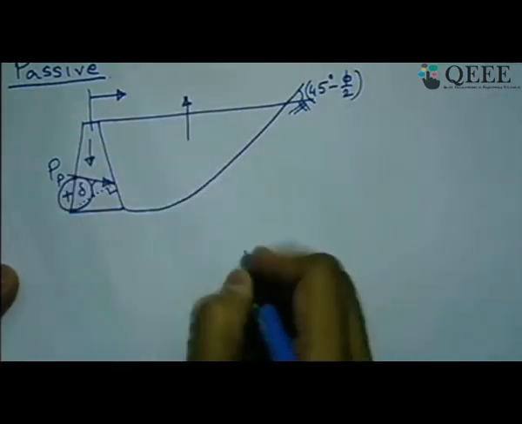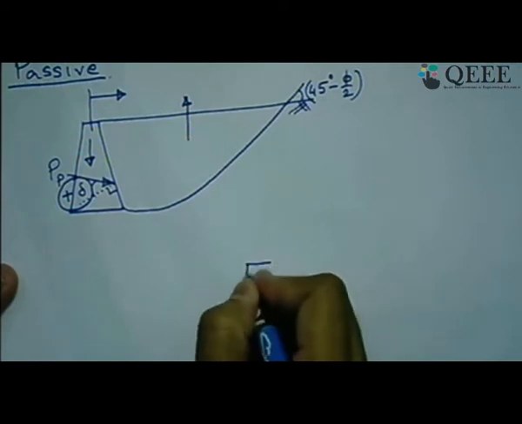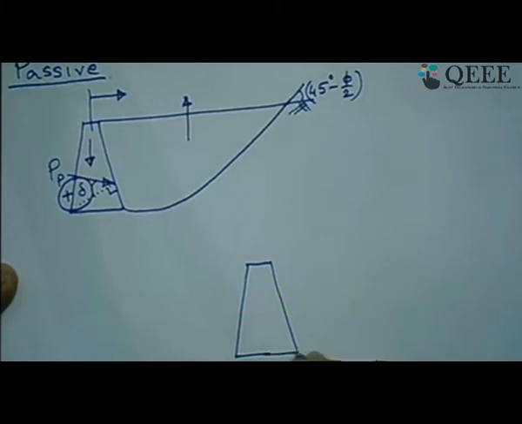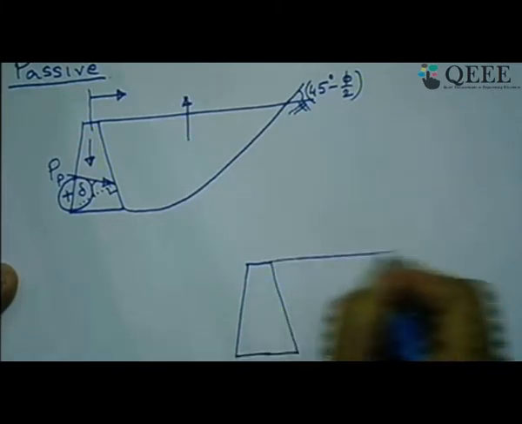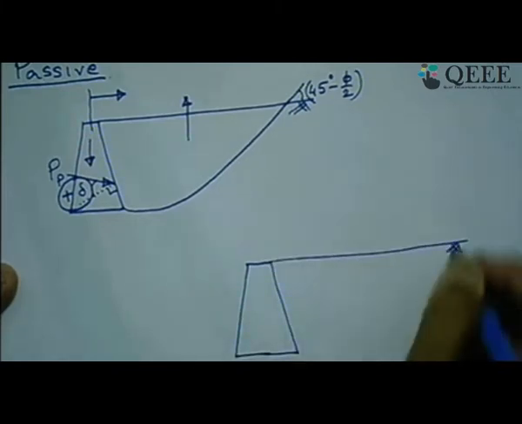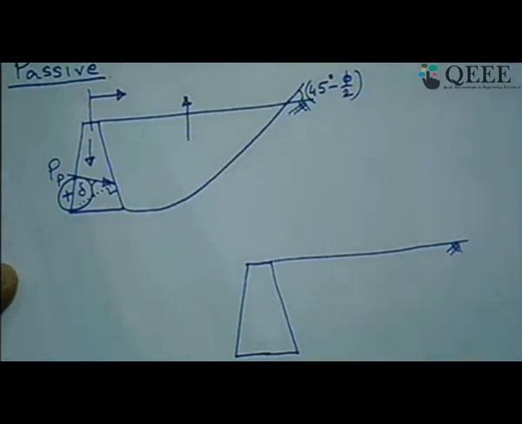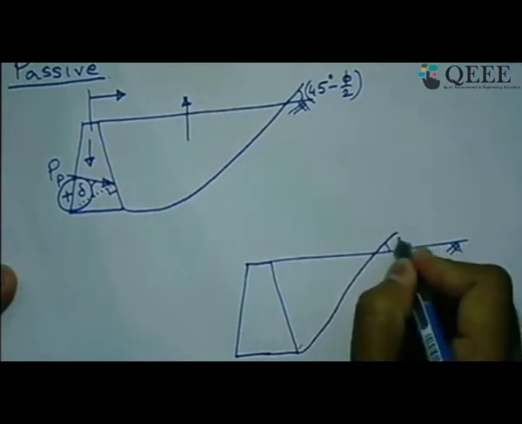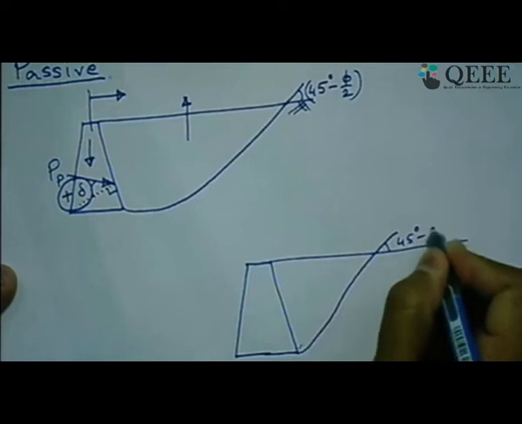The same scenario of passive state can change completely in terms of the relative movement of soil and wall in certain cases, and in that case it can be something like this. So here it can be 45 minus phi/2.